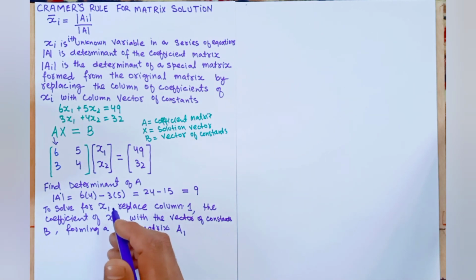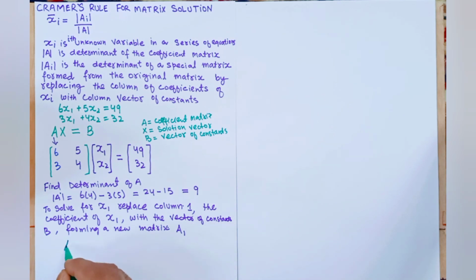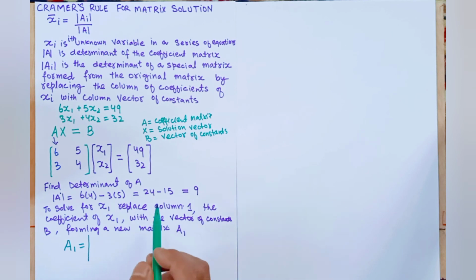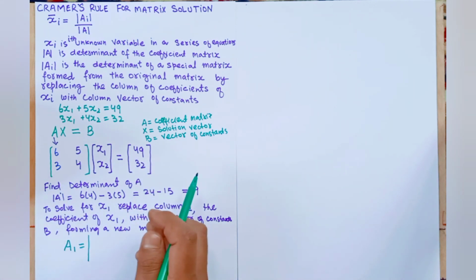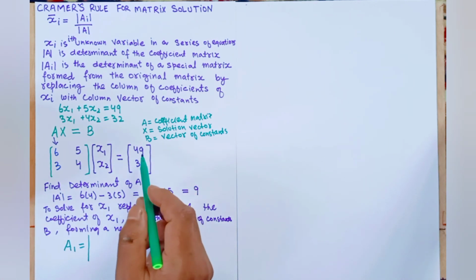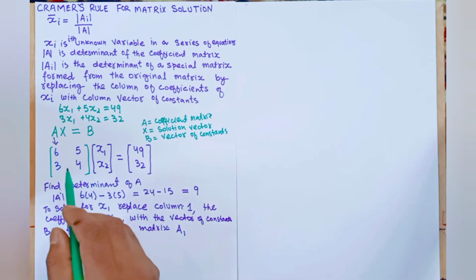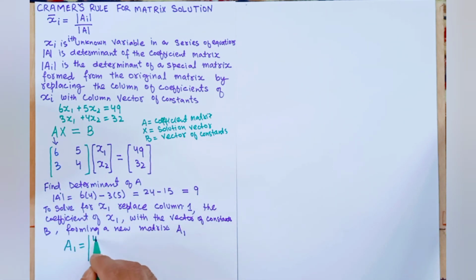So our new matrix A1 is, replacing the coefficients of x1 with the vector of constants: in place of 6 and 3, I will write 49 and 32, and this will remain the same, 5 and 4. So this is our A1.